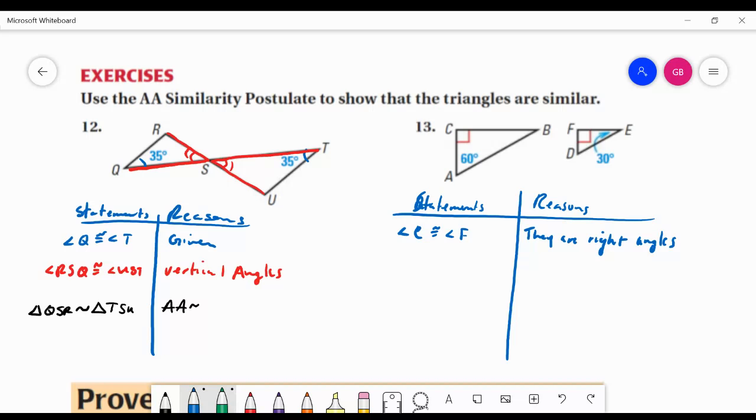And then using the triangle sum theorem, I could see that angle B is 30 degrees. The measure of angle B is 30 degrees because of the triangle sum theorem. So if angle B is 30 degrees, that means that angle B is congruent to angle E.